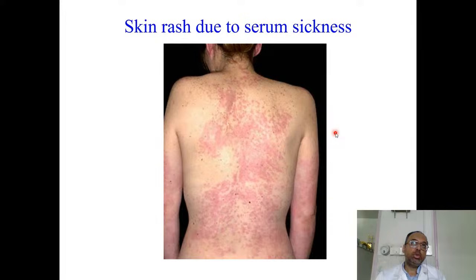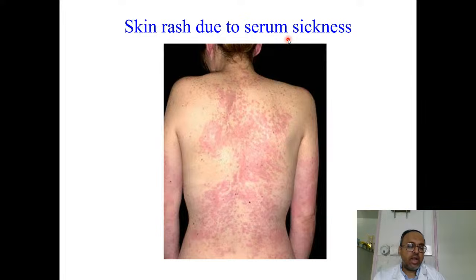And Behring used it to treat diphtheria cases, and he was very successful. But there was one side effect of this so-called serum treatment or serum therapy. Some of the kids that were receiving it started developing rashes all over their body, skin rashes, after using the serum for the treatment of diphtheria.